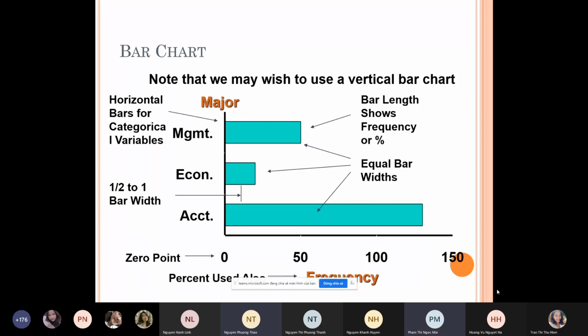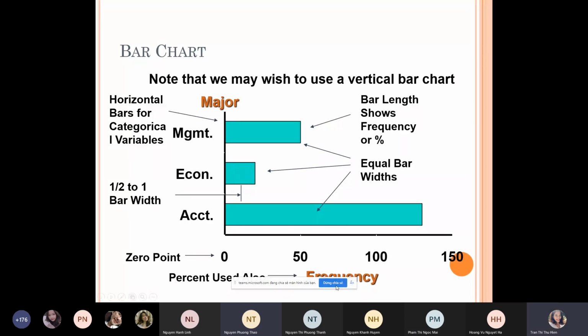Okay. Note that we may wish to use the vertical or horizontal bar chart. The bar chart is a graphical device for depicting qualitative data, summarized in a frequency, relative frequency, or sometimes a percent frequency distribution.